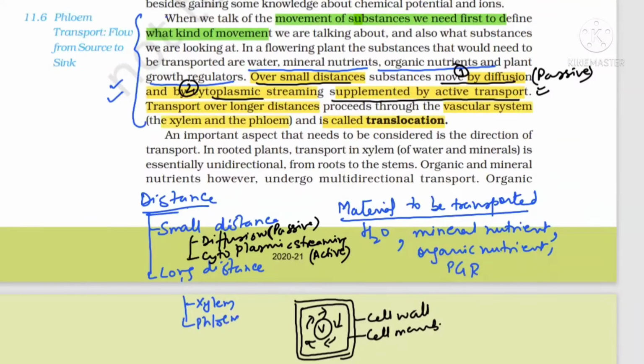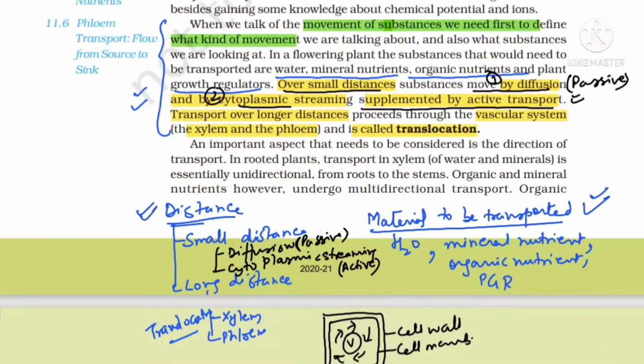So in the second paragraph, you have to remember two things. What are the materials to be transported? How much distance they have to travel? Is it a small distance or is it a large distance? So I think the second paragraph explanation, all the points are clear to you.